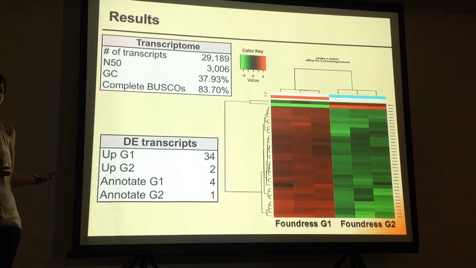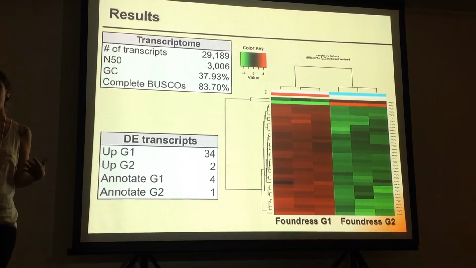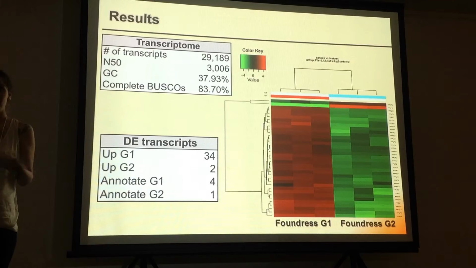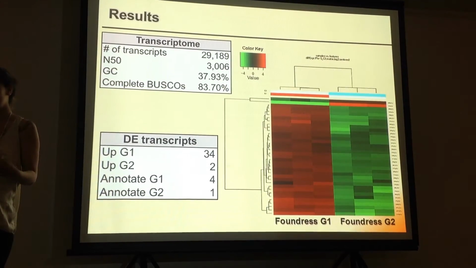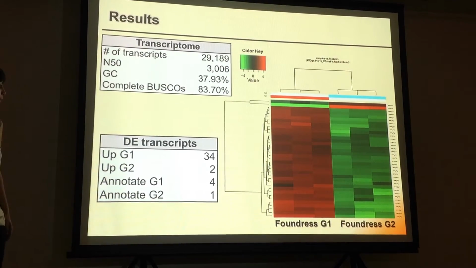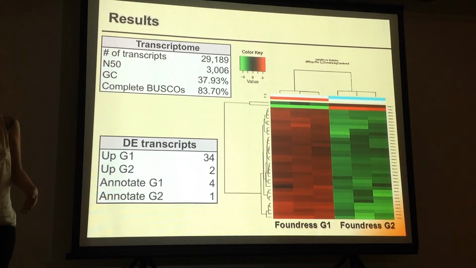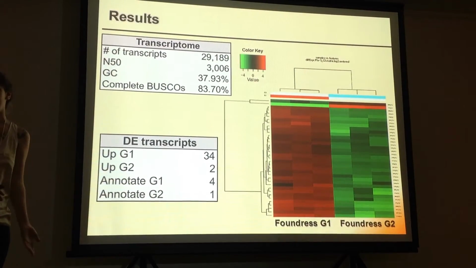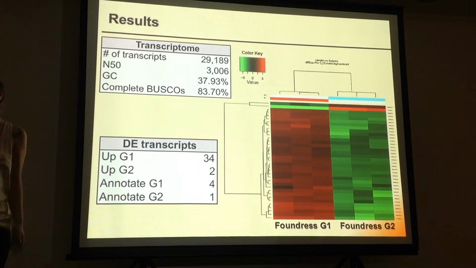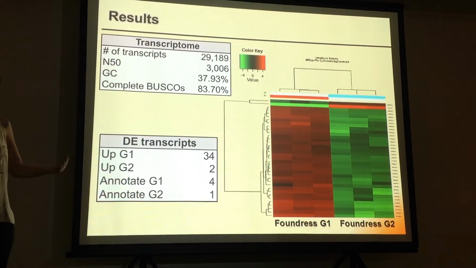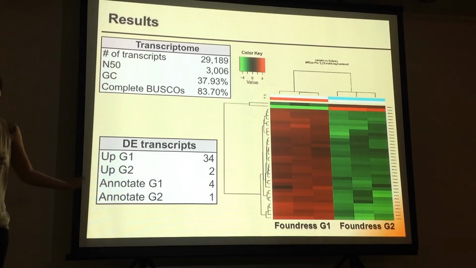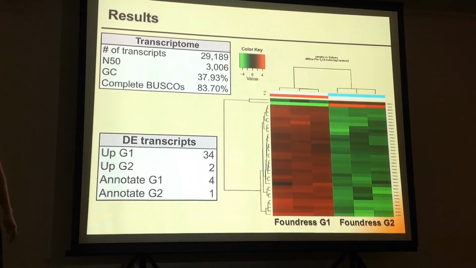So many of the transcripts we find we cannot annotate because there is nothing representing them. In this case, for example, most of the transcripts I could not find in the Gene Ontology or any other database, so they may be important for this important behavior in this species.